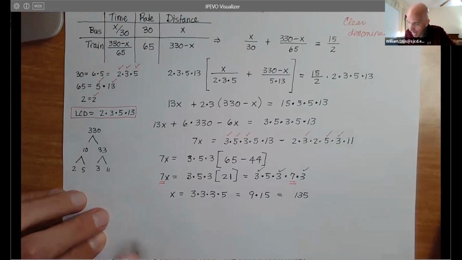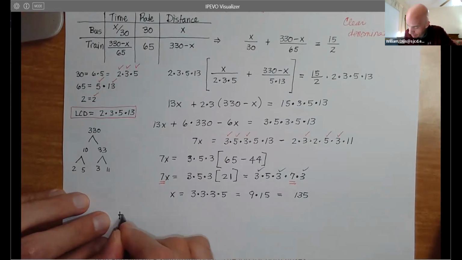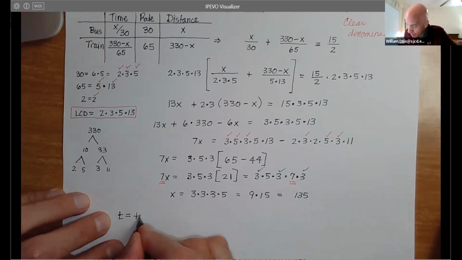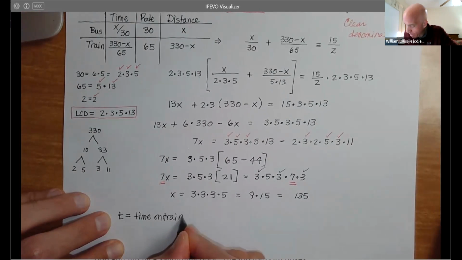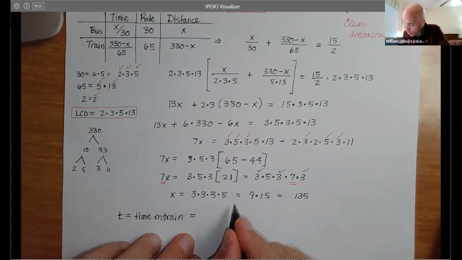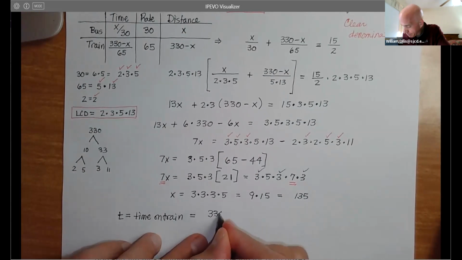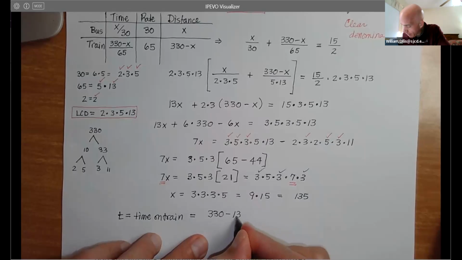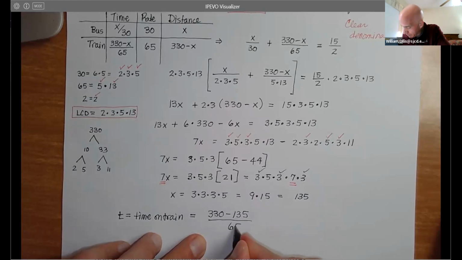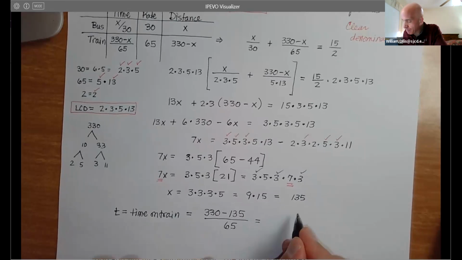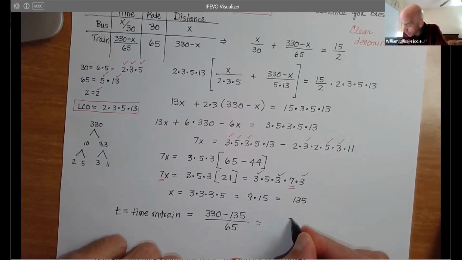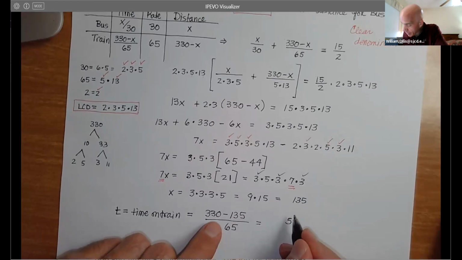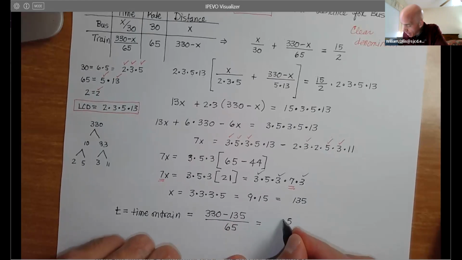And so now the time on the train, so T, which is time on train, really nice problem now. We get 330 minus 135 divided by 65. But again, we get a nice number here. 5 from 10, that's a 5. And then we get 12, so that's a 9.